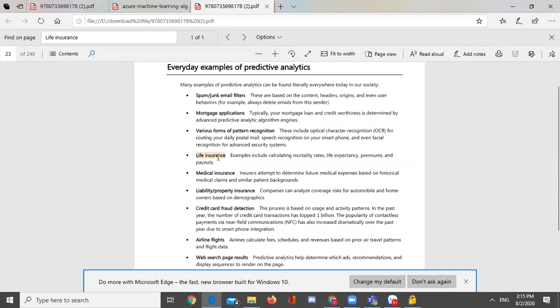For my work, in a lot of cases we use classification to predict the behavior of customers.